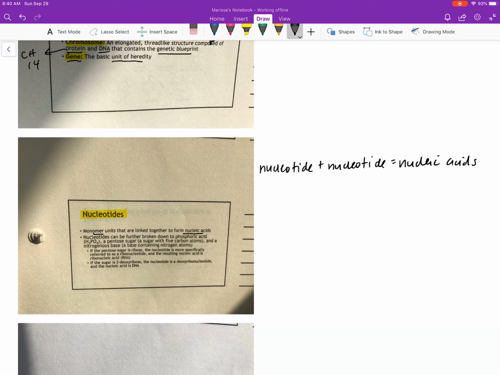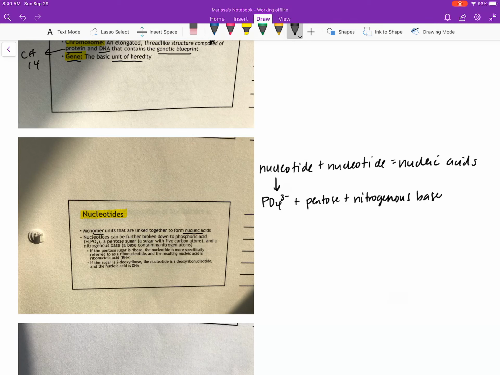Nucleotides can be further broken down into a phosphoric acid, phosphate, plus a pentose sugar. If you think back to carbs, we talked about sugars, and what's called a nitrogenous base. So it's going to have these three parts.